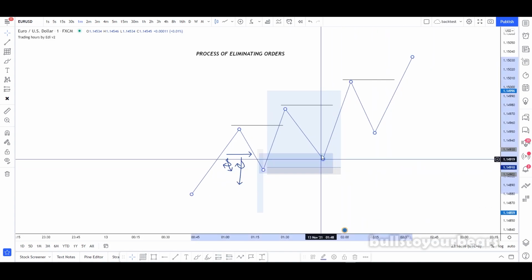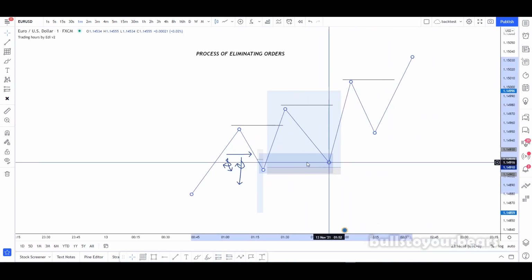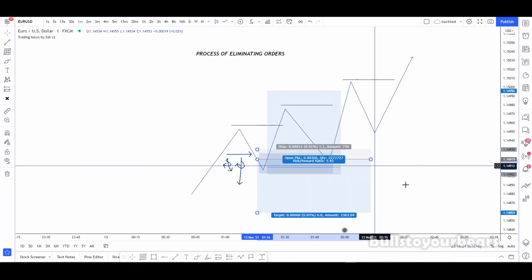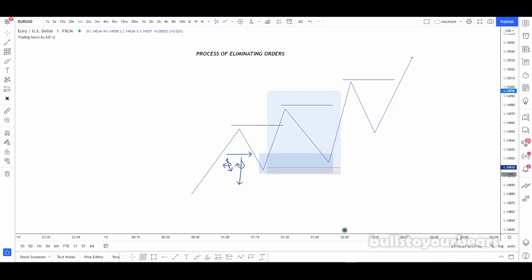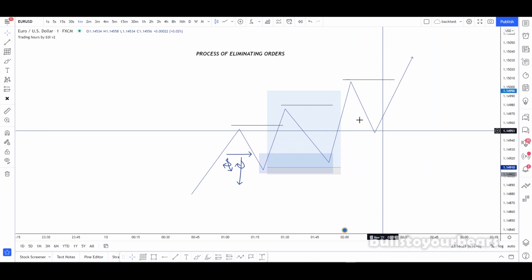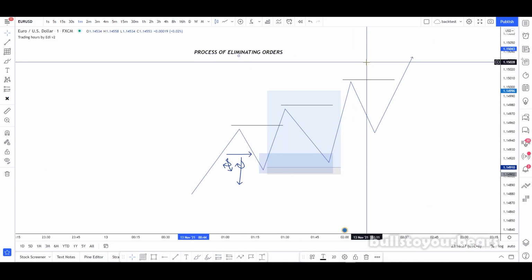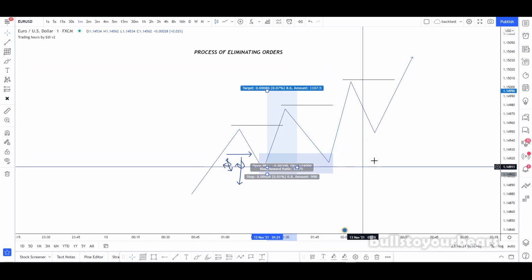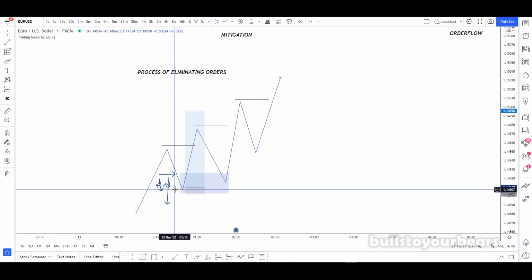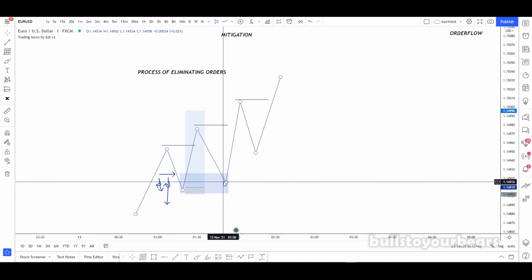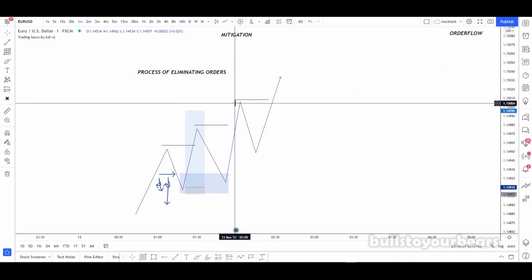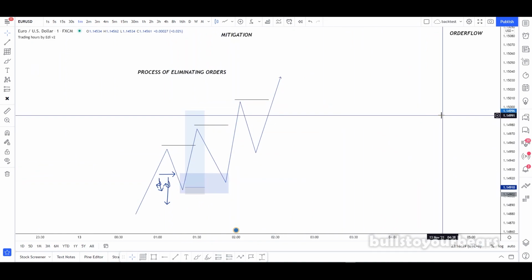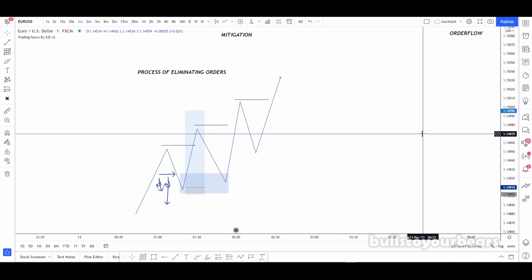And then eventually we'll see price come back so that the banks can close their orders. This is the process of mitigation, the process of eliminating orders. So price comes back, mitigates, closes their orders and goes higher. In simple terms, it's just price going back to their supply and demand zone.